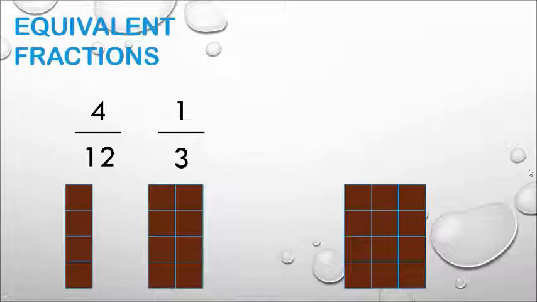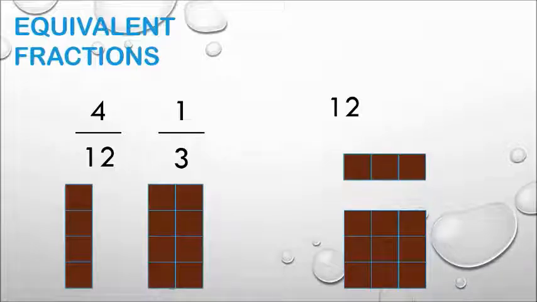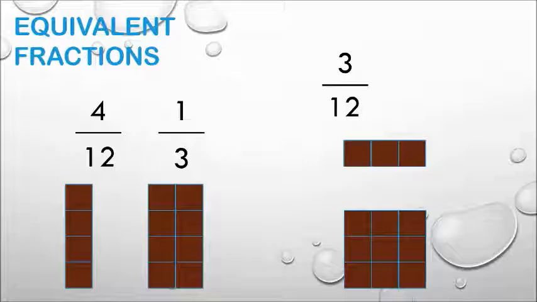In another example, if you had 12 pieces of chocolate that made up a whole bar, and you gave your friend 3 out of the 12 pieces, notice how the 12 pieces can be seen as 4 equal parts, where you gave your friend 1 out of the 4 parts.